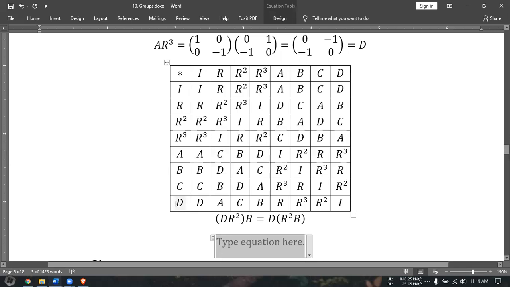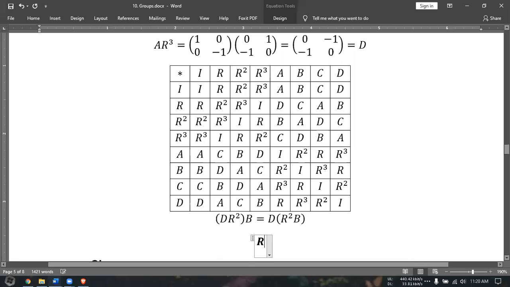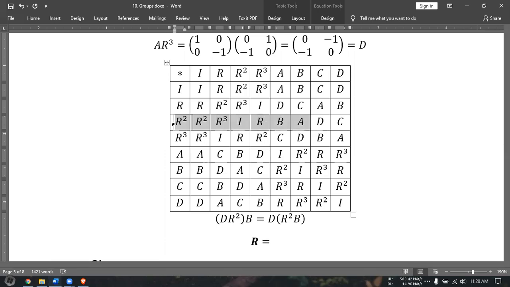D times R squared is C. And C times B is R. Therefore, the left side of the equation is R. And the next, R squared B. R squared B is A. And D times A is R as well.